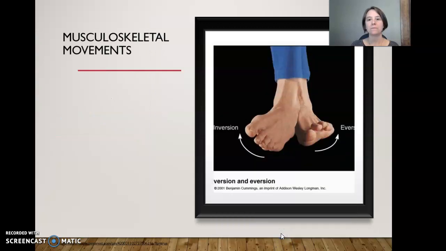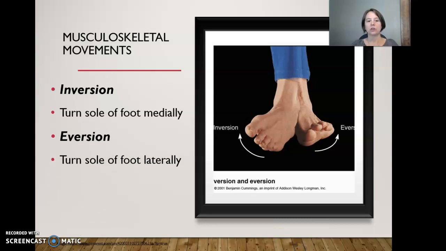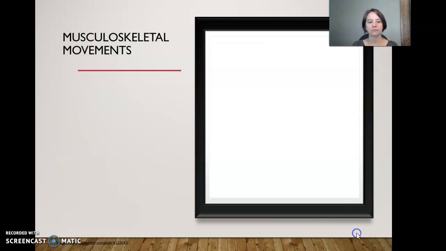And talking about the foot, which we briefly talked about in the skeletal system, but we didn't write it down, so please do so. Inversion is where you turn the sole of the foot medially, and eversion is where you turn the sole of the foot laterally. So inversion, eversion, here inversion, eversion.